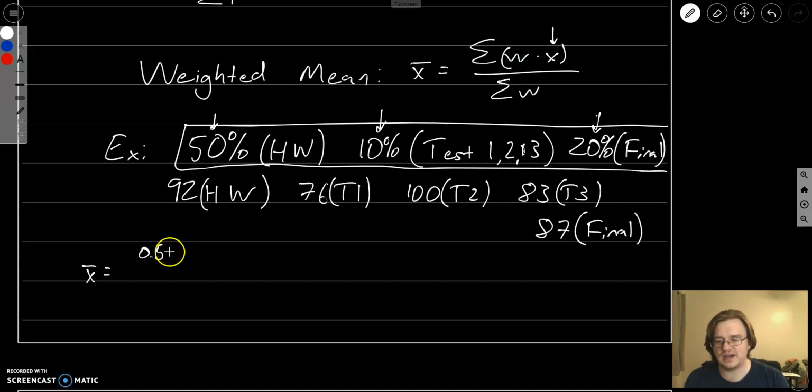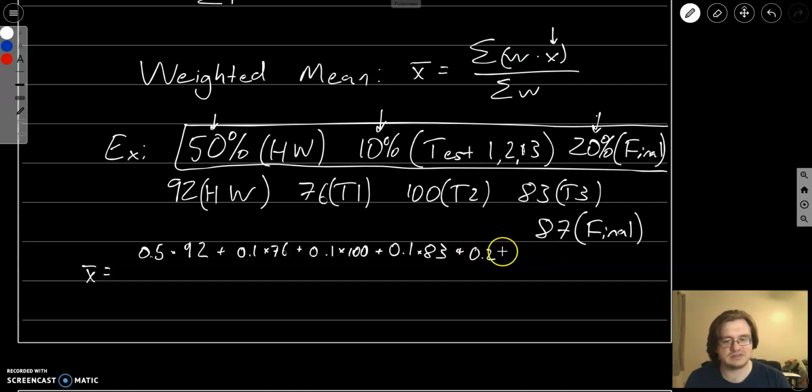This is 0.5 times 92, plus the first test is weighted at 10%, so 0.1 times 76, plus if we do really well on the second test, 0.1 times 100. We'll have 0.1 times the third test and 0.2 times the last one.